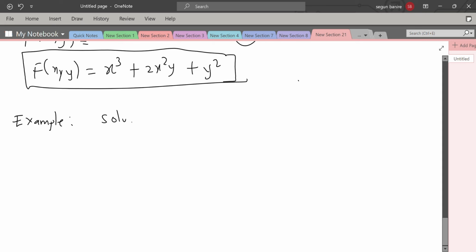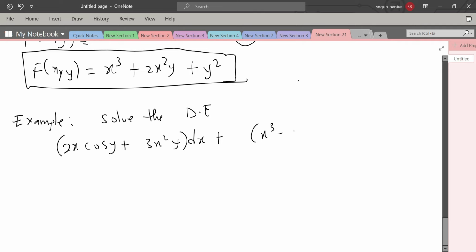Solve the equation with 2x cos y. Solution. First of all, we check if it is exact.